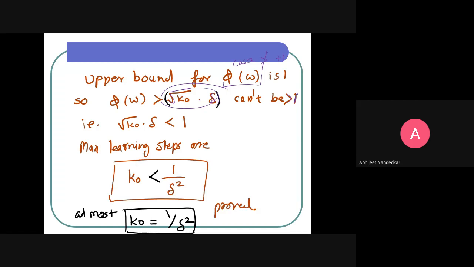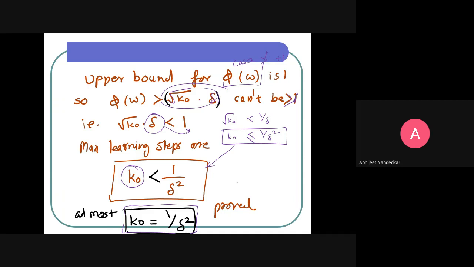So max learning steps. So I just take this k0 this side and take this delta this side. Okay, so that means square root of k0 is always less than 1 by delta, and if I square these two things, this will be 1 by delta square. So that is what is written here. So at the most cos theta is equal to 1, so I can put here 1. So k0 is at most 1 by delta square.